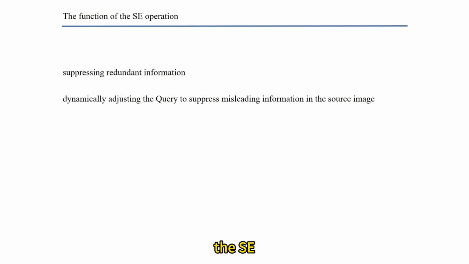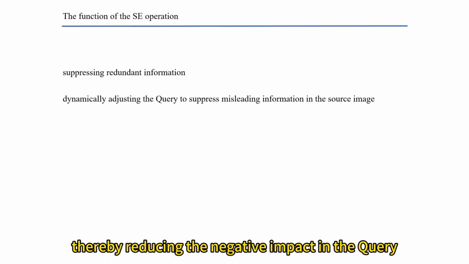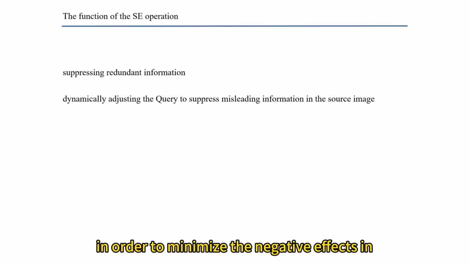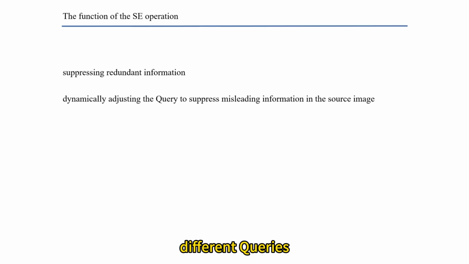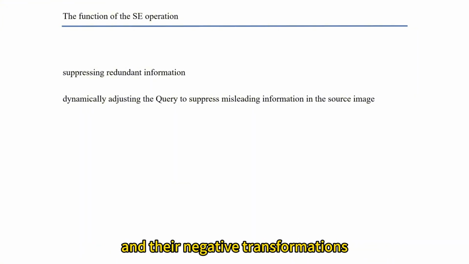At this point, the SE can play a role in dynamically adjusting the query, thereby reducing the negative impact in the query. In addition, in order to minimize the negative effects in different queries as much as possible, we respectively used separate, non-shared CB Sim modules for infrared images and their negative transformations, as well as visible images and their negative transformations.